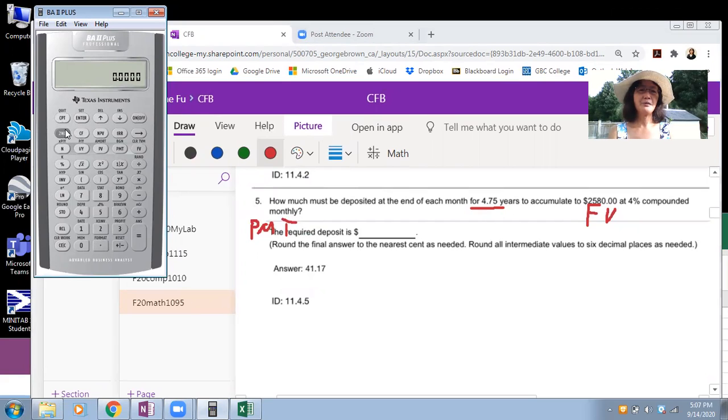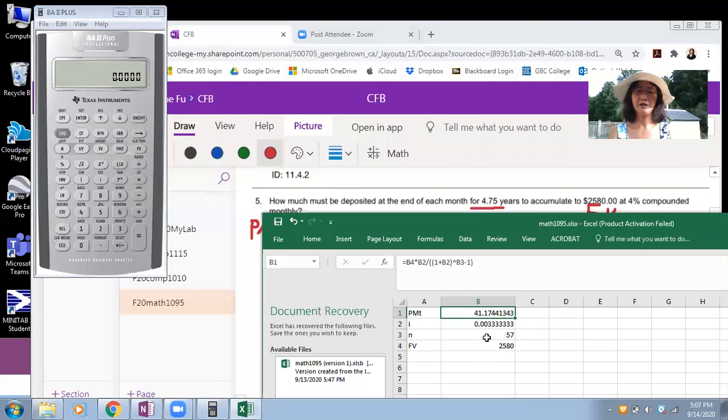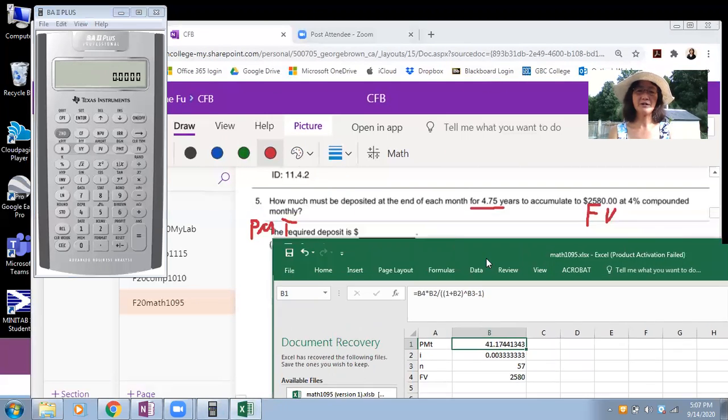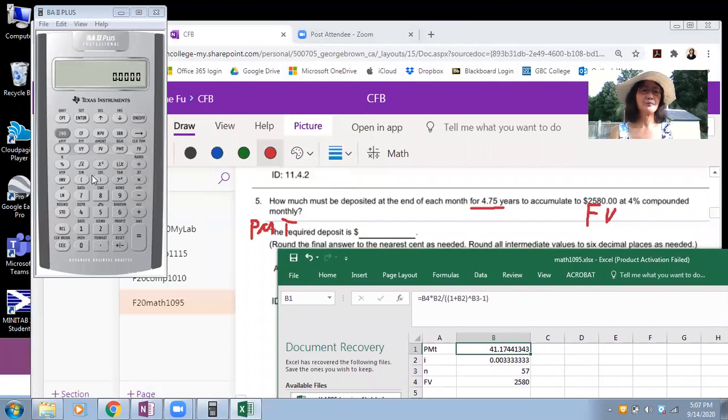Okay, so P/Y is 12, second P/Y is 12, enter, down arrow key, C/Y is 12, enter, then second quit, okay, now enter the numbers. So n equal to, remember we calculated n here, 57, n equal to 57.